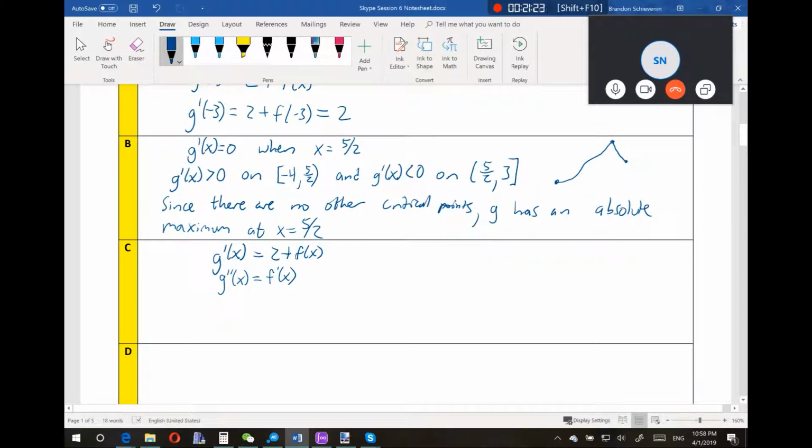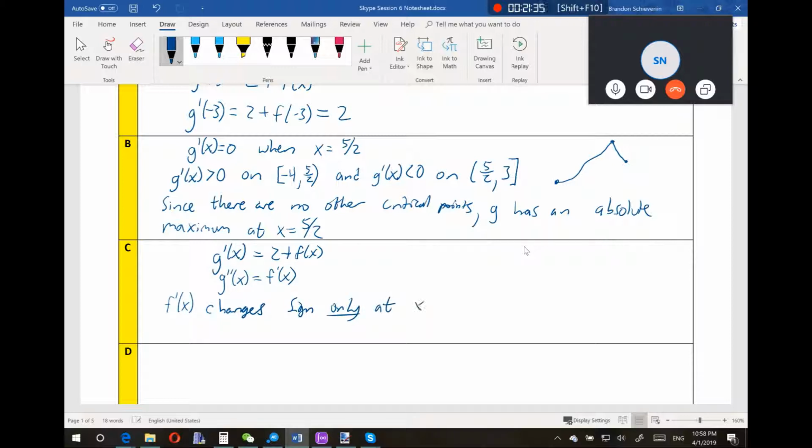F prime of x changes sign only at x equals 0.